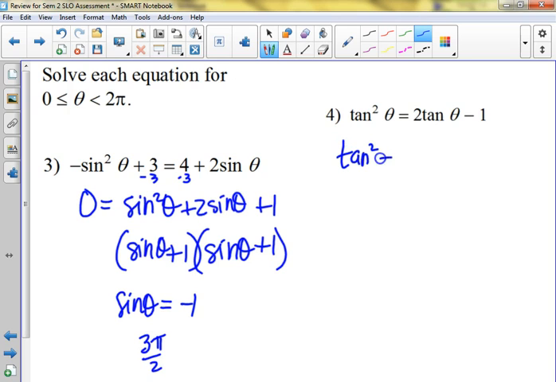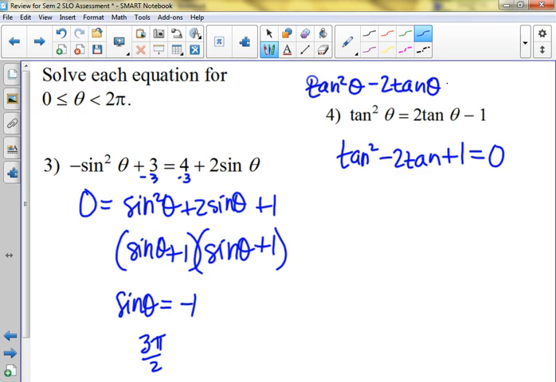Tangent squared minus 2 tan plus 1 equals 0. See, this is what I get sometimes on the test. And then people want to take a tangent out of these two.